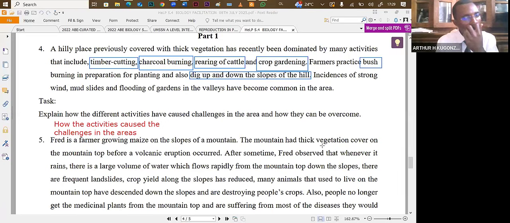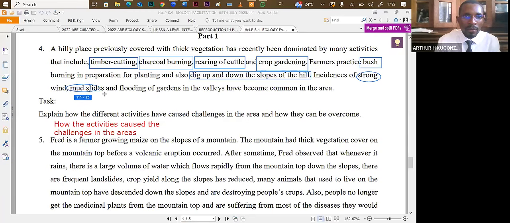So it means that now I have to explain how these activities cause the challenges in the area. Are the challenges given? I think they are given. So what are these challenges here? The challenges are strong winds.